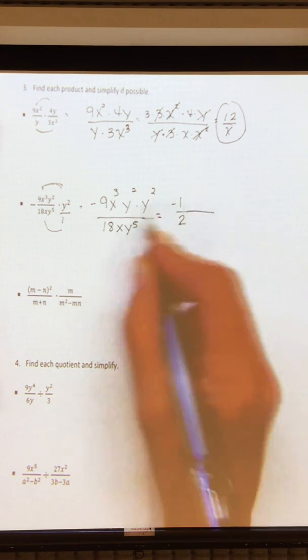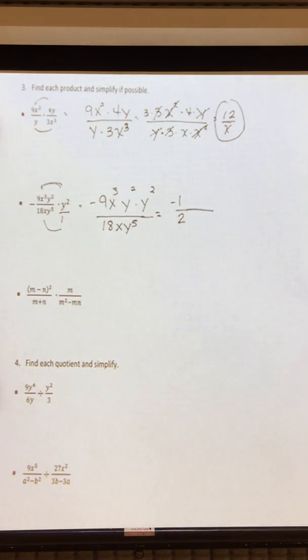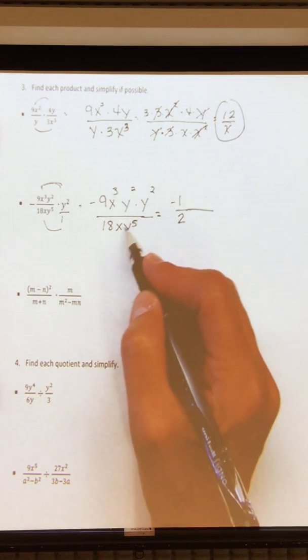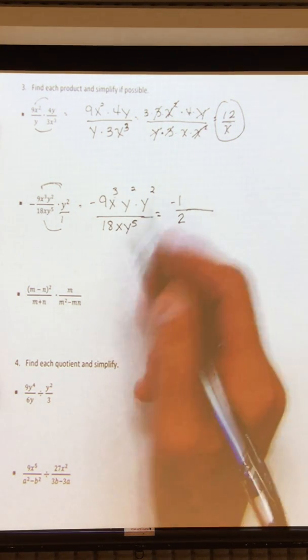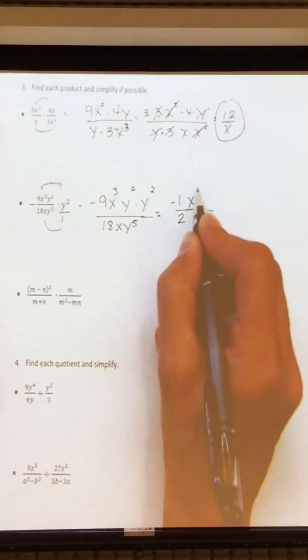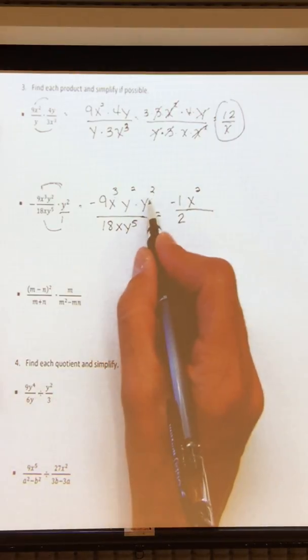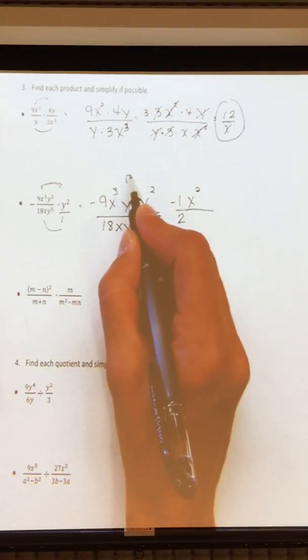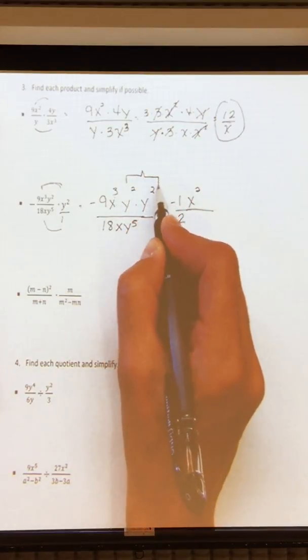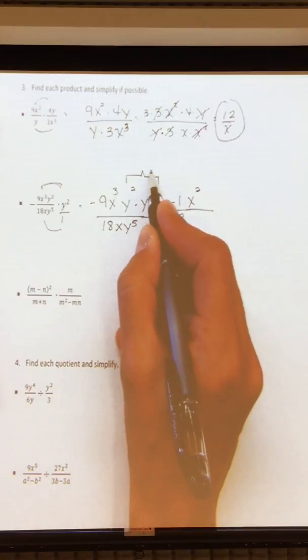And here we can apply the quotient rule. We have x cubed over x, which is x squared, y squared times y squared. Again, when you multiply exponents, you add the degrees.